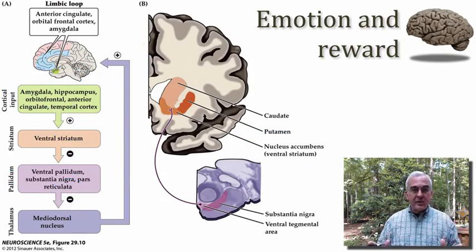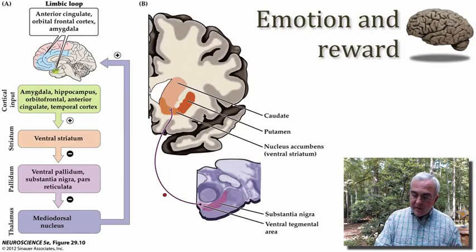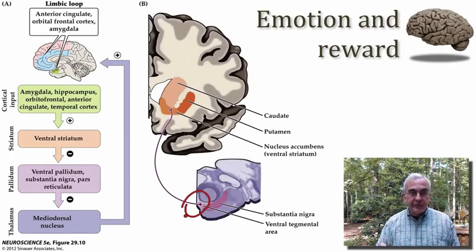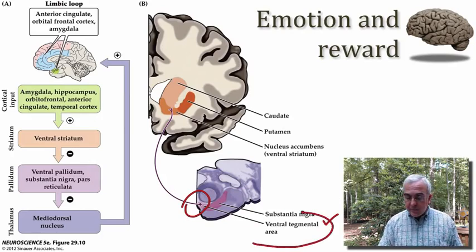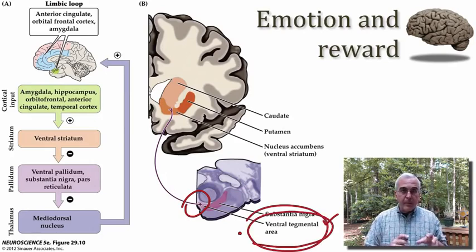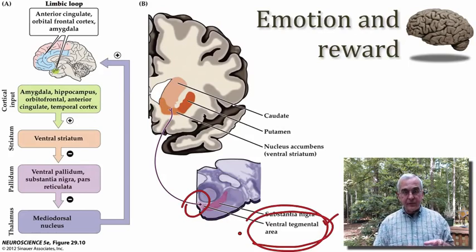Now there's one critical component of this circuitry that I need to highlight before we move on, and that is found right here on the medial edge of the substantia nigra in the midbrain. This is the ventral tegmental area, which is critically important in modulating the way the circuitry through the ventral loop of the basal ganglia operates.